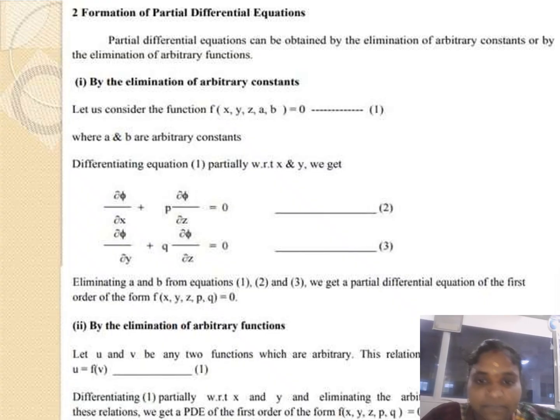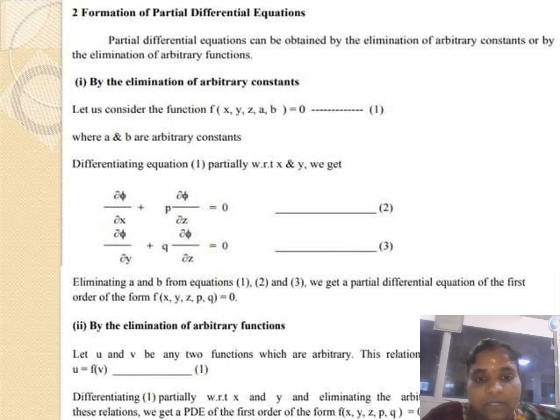So we take the first equation and partially differentiate with respect to x. We get dou phi by dou x plus p into dou phi by dou z equal to 0, since z is a dependent variable. Here we take phi as the function. Similarly, partially differentiating with respect to y, we get dou phi by dou y plus q into dou phi by dou z equal to 0.